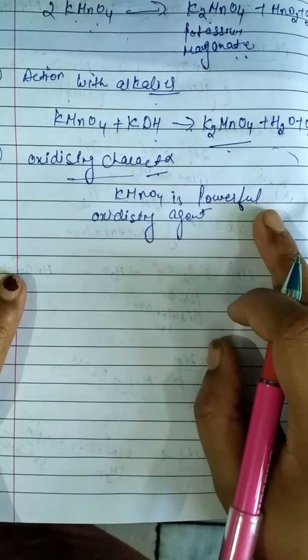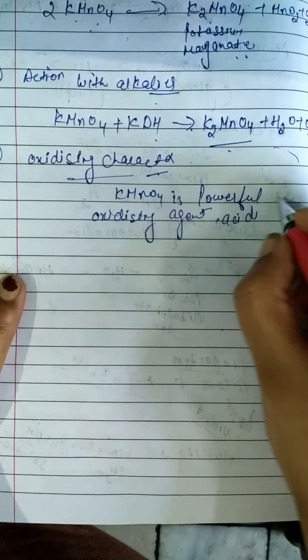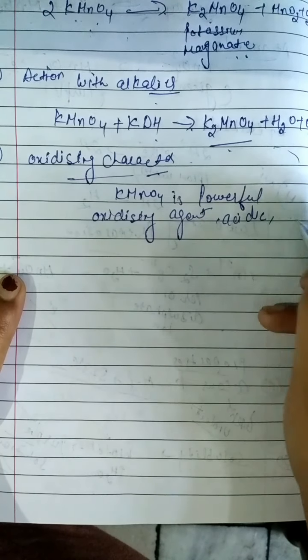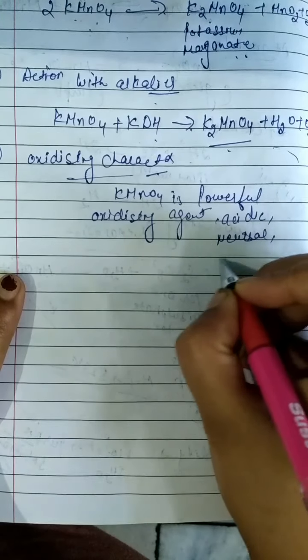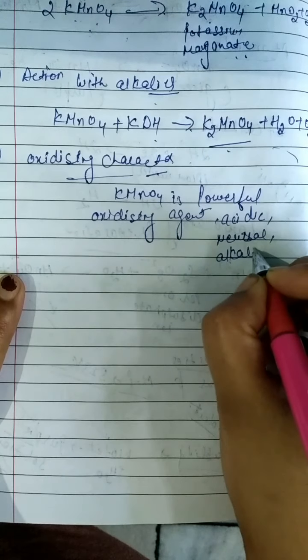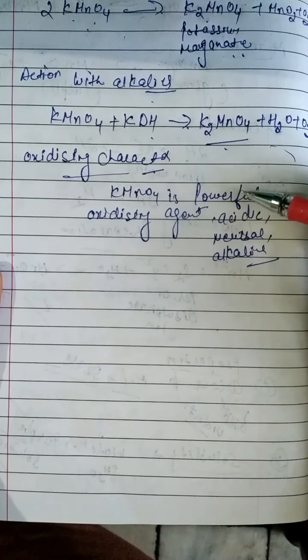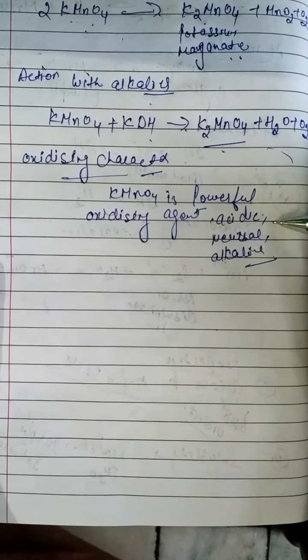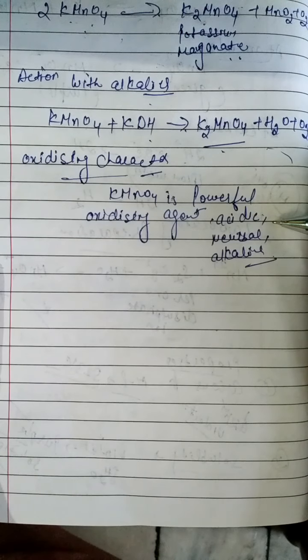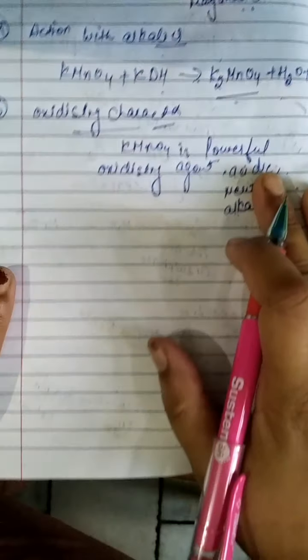It is a powerful oxidizing agent in acidic solution, in neutral solution, and in alkaline, that is basic, solution also. It shows powerful oxidizing behavior in all mediums. See why it is a strong oxidizing agent?